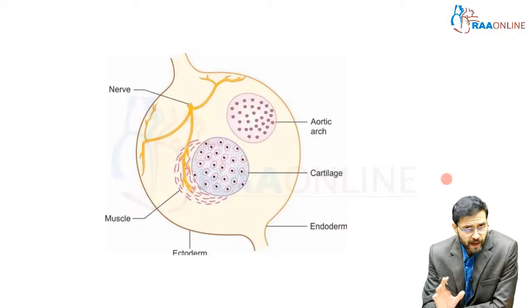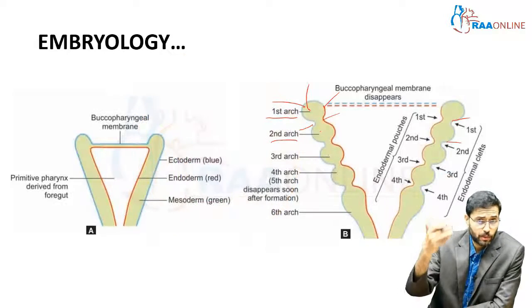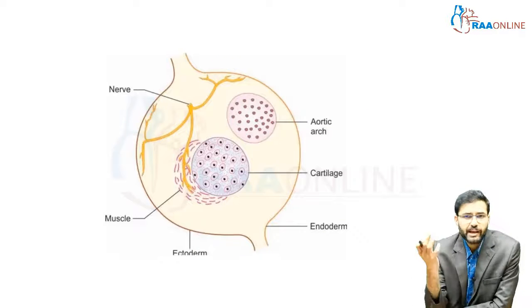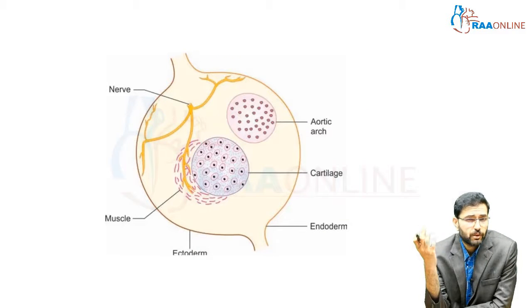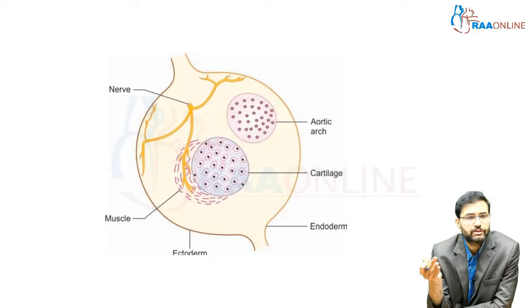Now each arch, like I told you, is a bar-like structure. This is how it looks in a coronal section. Each arch will have its own nerve, a vascular branch from the aorta or an aortic arch, a cartilaginous component, and a skeletal muscle component.